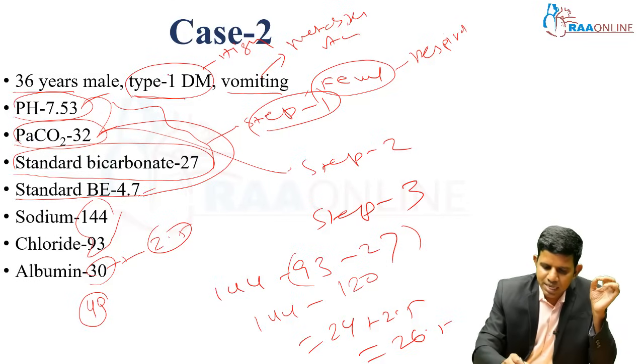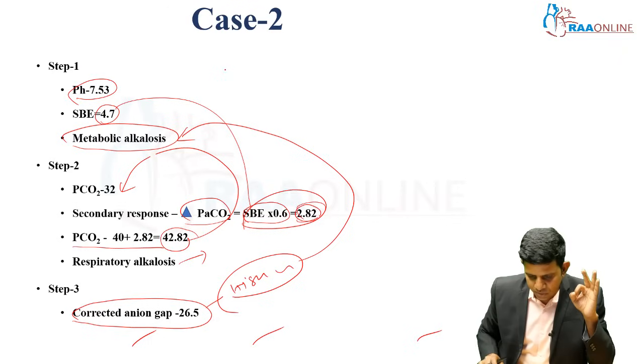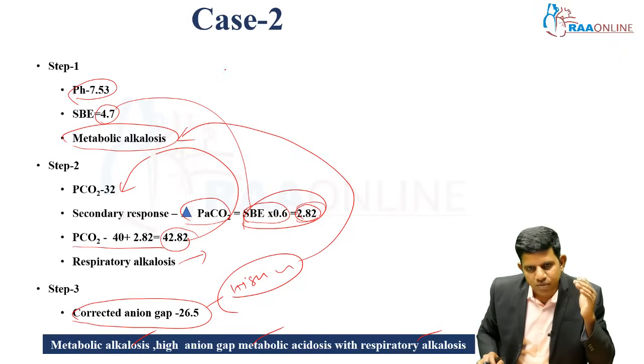So, this history and the clinical picture explain all our acid base disorders: high anion gap acidosis with metabolic alkalosis with respiratory alkalosis. So, whenever we are interpreting the ABG report, you have to compare with your clinical picture and the history, then only can we identify the correct acid base disturbances.